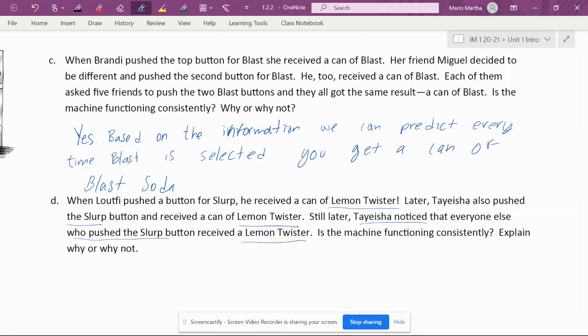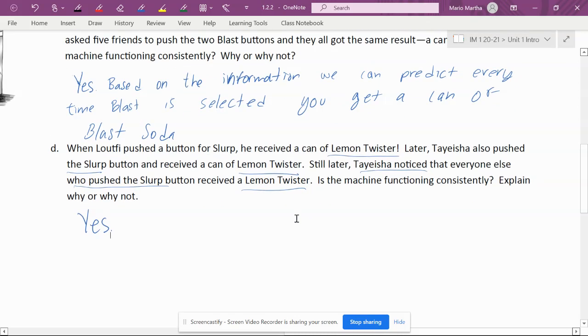Here we can predict, so we would say yes. Even though we are pushing the Slurp button and always getting Lemon Twister, we might assume that the person refilling the machine made a mistake.